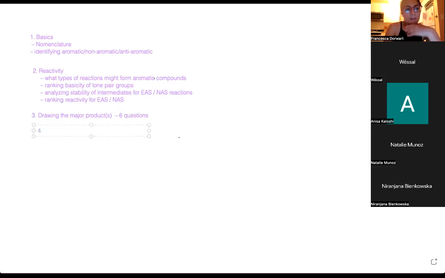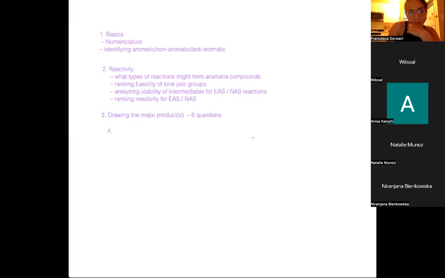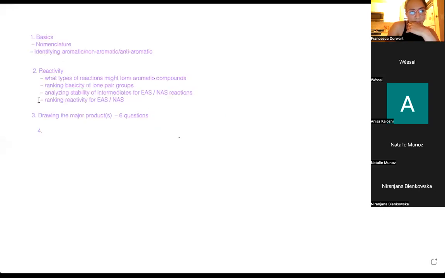Then we have retrosynthesis, 2 problems. And then 5, we're going to have mechanism, 1 question. It's going to be an NAS mechanism.